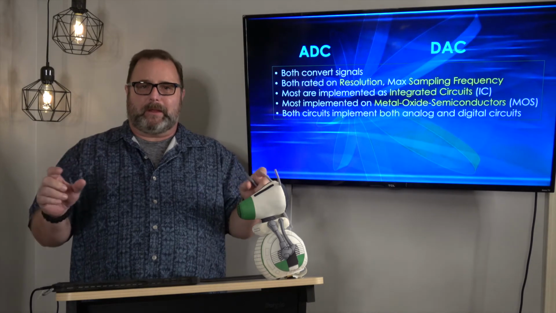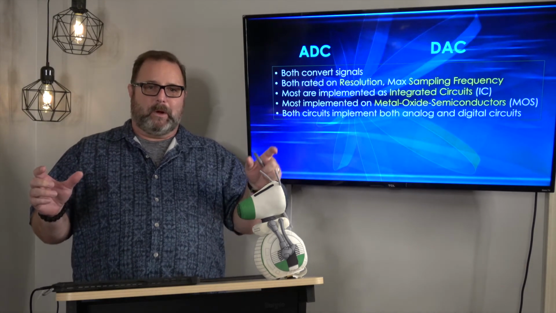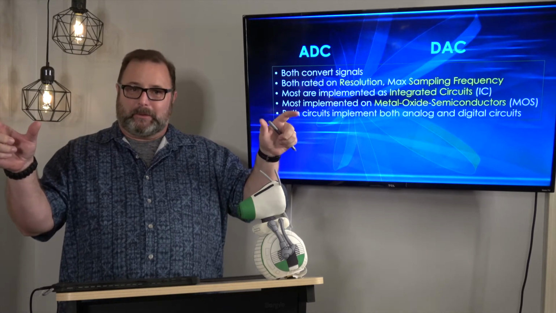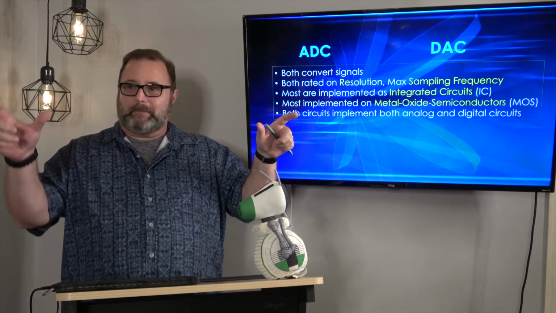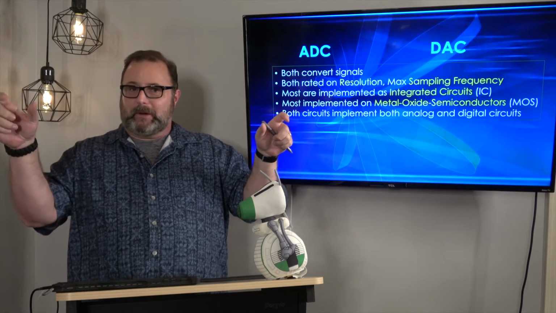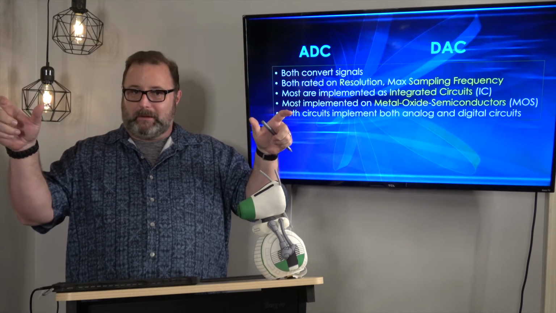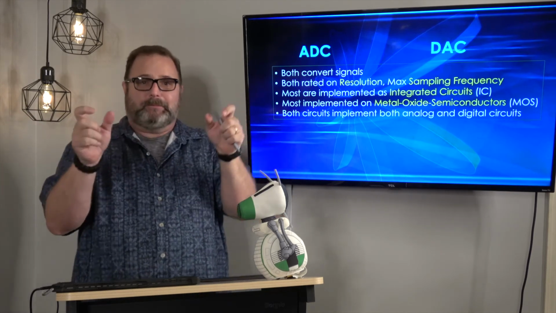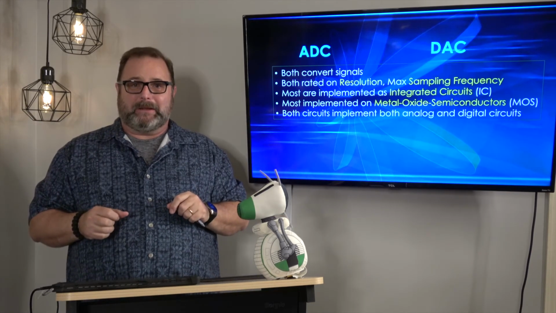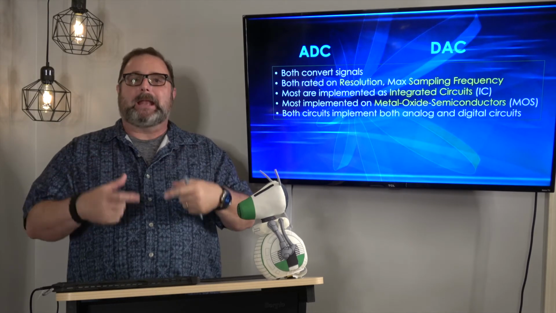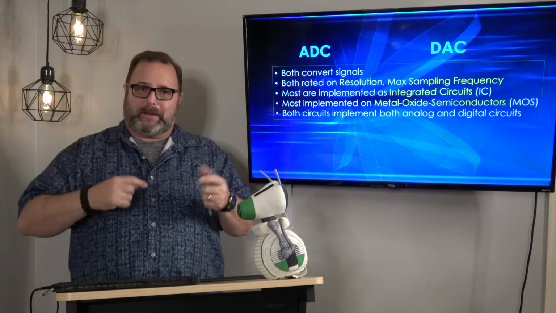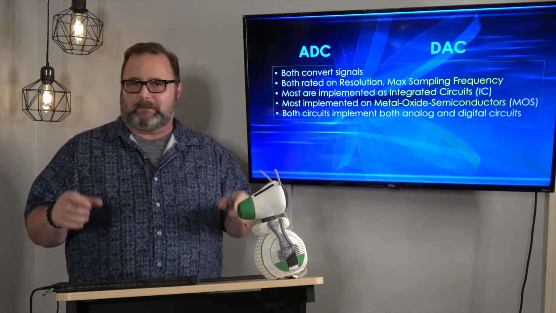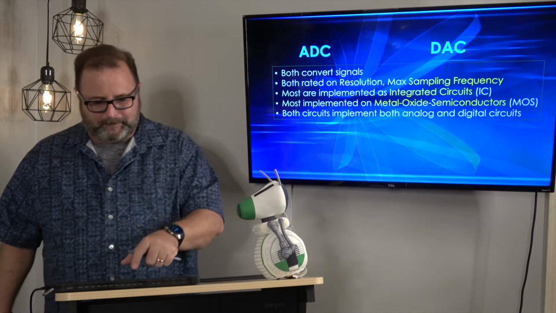Now why do I say that? Because one's not analog and one's not digital. You need both on both, because I'm going on this one from analog to digital, and I'm going on this one from digital to analog. So I need both on both, okay? That's important. And by the way, this camera that I'm talking to has both in it, because it can play back for me, and I can hear myself if I hit play on the camera. So it can go in one direction, and it can go back in the other. That's how convenient, small, and easy these things are.